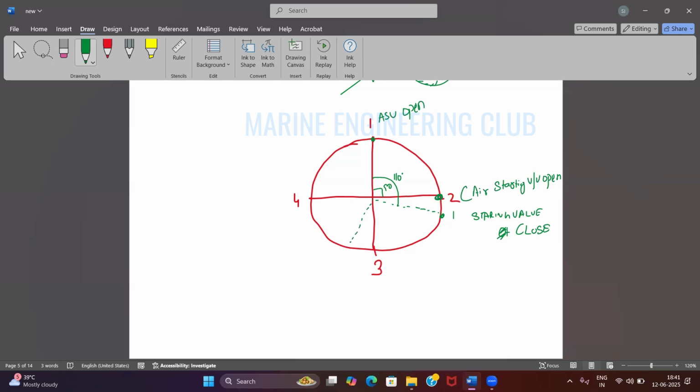Somewhere here. Number 2, air starting valve close. Then number 3 will start from here and stop somewhere here. Number 3, air starting valve close. Similarly, number 4 will start from here and stop here.